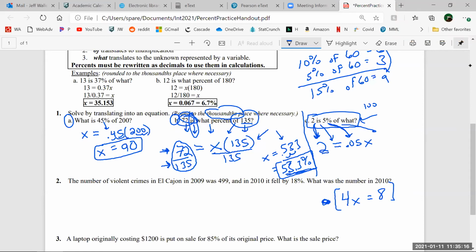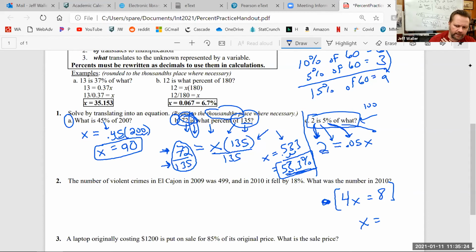You know the answer should be 2. Now, what would the algebra do? I want to get X by itself, because then whatever number is on the other side is the answer. So this says 4 times X is 8. How do I cancel the 4? I divide by 4. I've got to do it to both sides so I keep things equal. So 8 divided by 4 is 2. Do you see that?